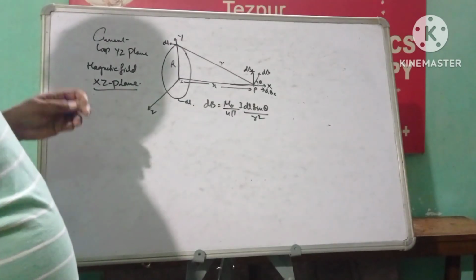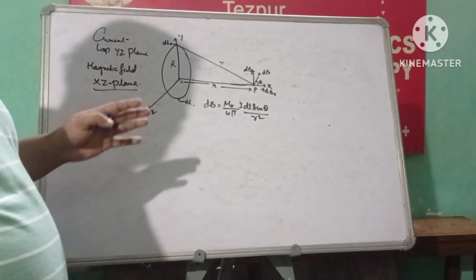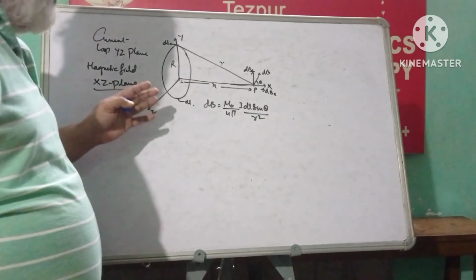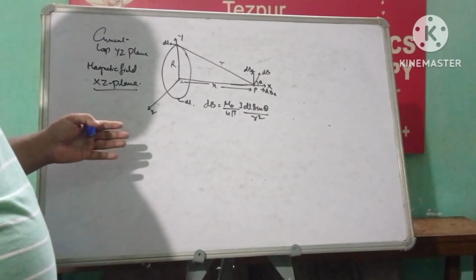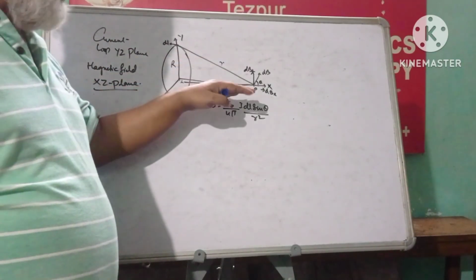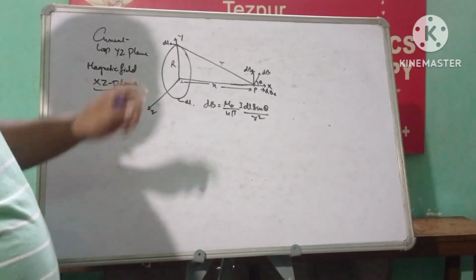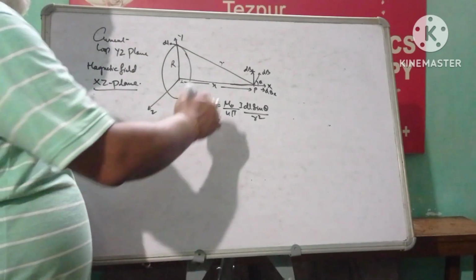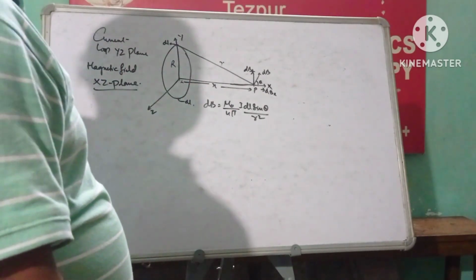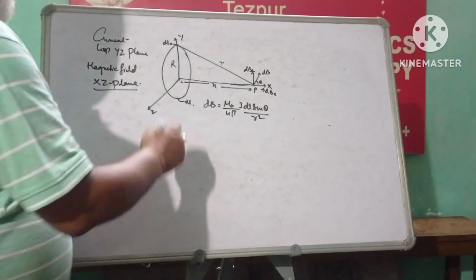Now the thing is that whenever there is a magnetic field, they will be in different planes. If this is in the YZ plane, your magnetic field will be in the XY plane. So at point P, this dB is making an angle theta with the x-axis.